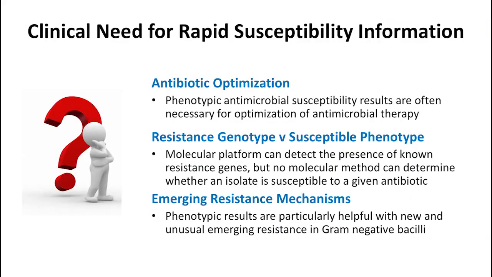So is there a need for doing rapid susceptibilities? Well, there is, for phenotypic antimicrobial susceptibility results are often necessary for very good optimization of patient therapy. The molecular platform can detect the presence of known resistance genes, but as we've shown in our laboratory, no molecular method can determine whether an isolate is susceptible to something, and oftentimes that's the question that they get with their interventions.